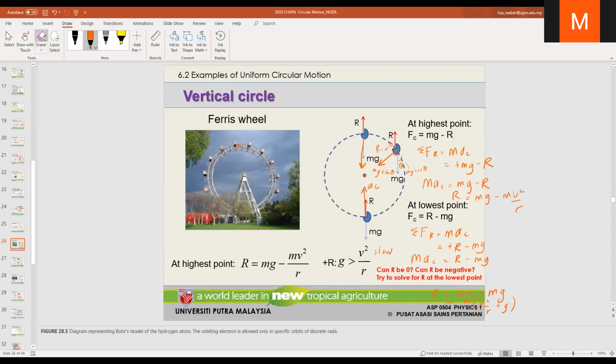Okay, so let's say the R component in this direction is R cosine theta and the component from MG is MG sin theta. So your equation becomes FR, MAC equals to R cosine theta plus MG sin theta. Tambah je lah dua-dua ni. That is your equation, if you get to resolve it in this direction.